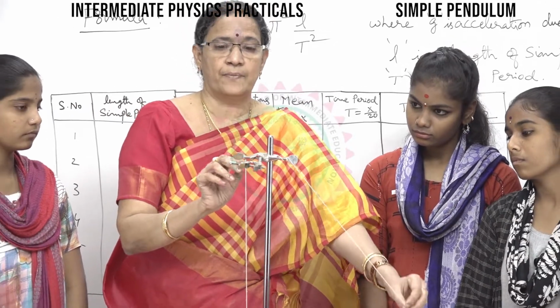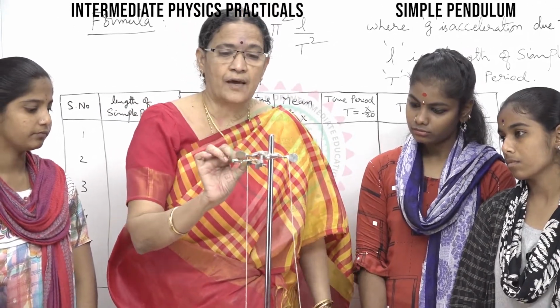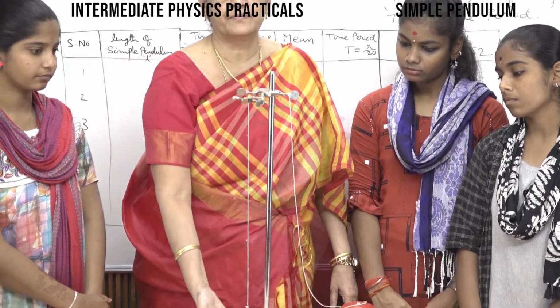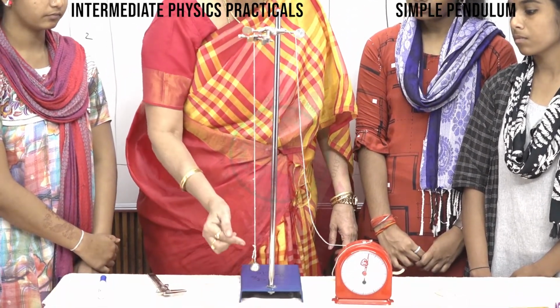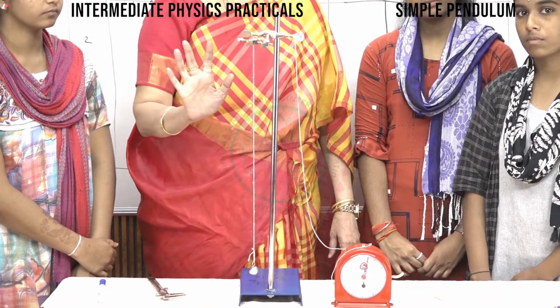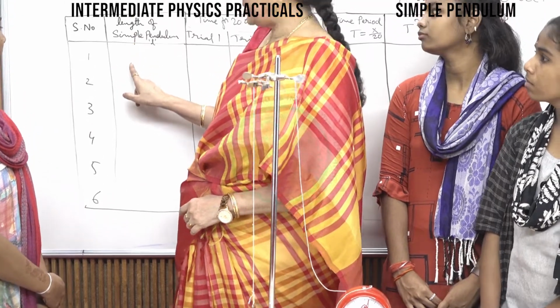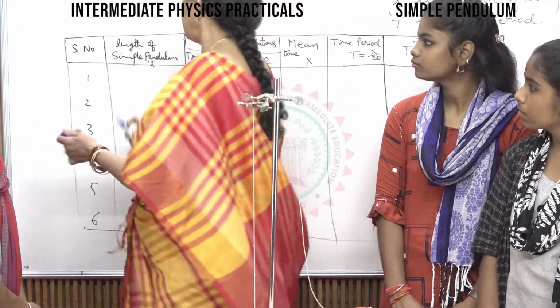Here is the ink dot. So, now from the ink dot till the end, it is 51 centimeters. To the midpoint, it is 50 centimeters. So, I am taking the first reading, length of simple pendulum, 50 centimeters.